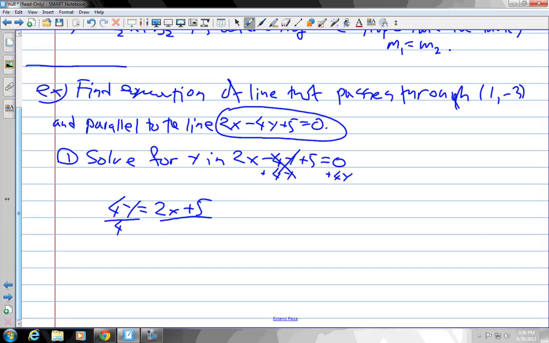Divide both sides by 4. So y equals 1/2 x plus 5 over 4. Right? Because 4 divides both. That 5 over 4 is completely irrelevant to our problem because all I need is the slope.